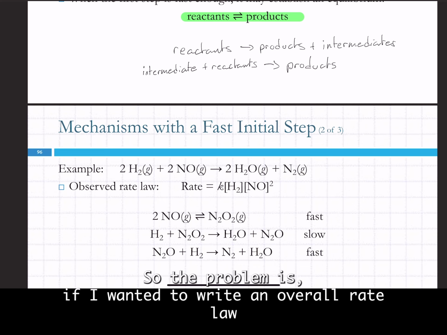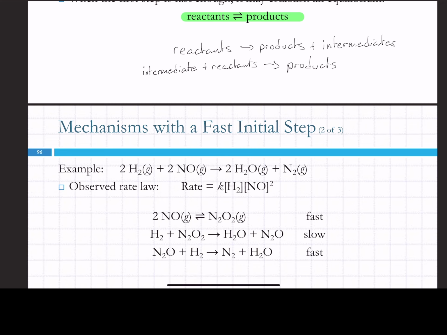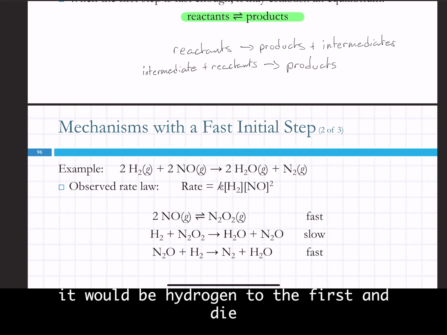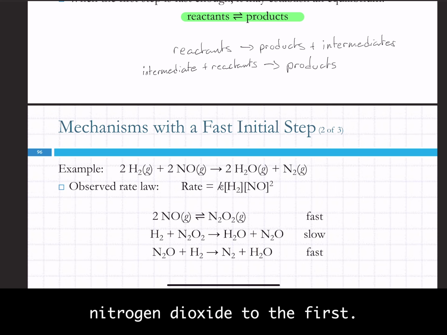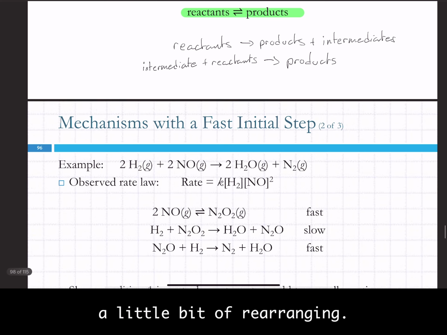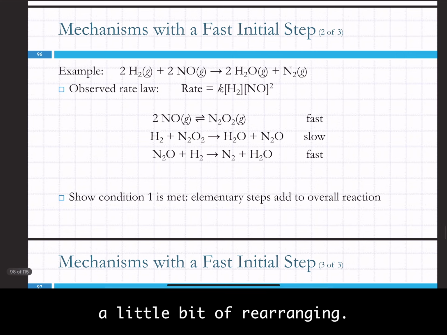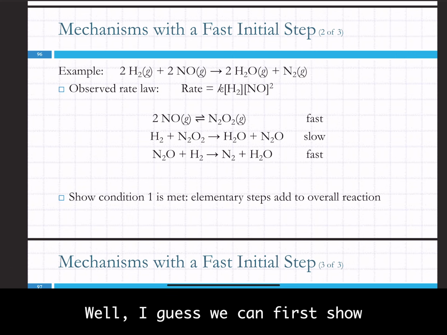So then the problem is, if I wanted to write an overall rate law from just the second step, it would be hydrogen to the first and dinitrogen dioxide to the first. But dinitrogen dioxide is not part of the overall reaction. So we've got to do a little bit of rearranging. I guess we can first show that our elementary steps add up to the overall.